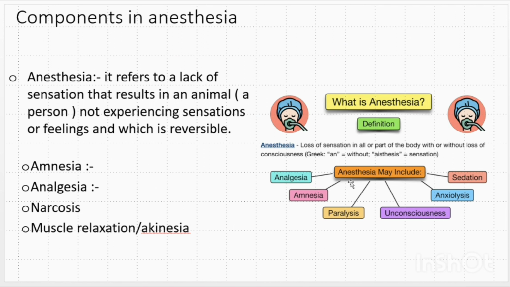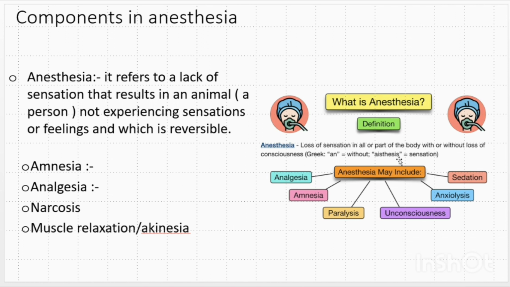Anesthesia means loss of sensations in all or part of the body, with or without loss of consciousness. It is derived from the Greek word: an means without, and aesthesis means sensation.